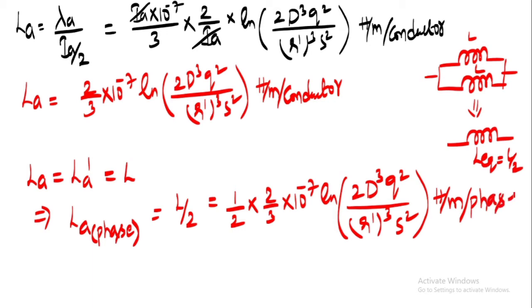Now it is an inductance per phase. 2 gets cancelled. So finally, let me modify this equation in a simple way. You will get 1 by 3 here, right? If I want to send 1 by 3 inside, I can write this as power 1 by 3. Finally, you will get LA as 1 into 10 power minus 7.